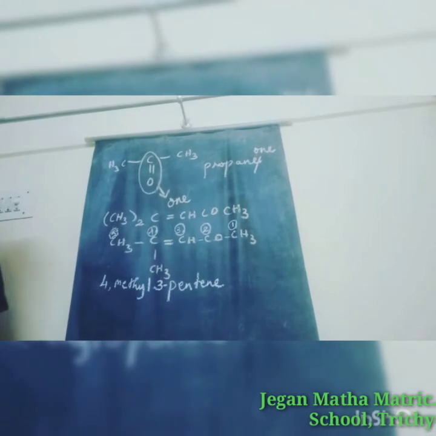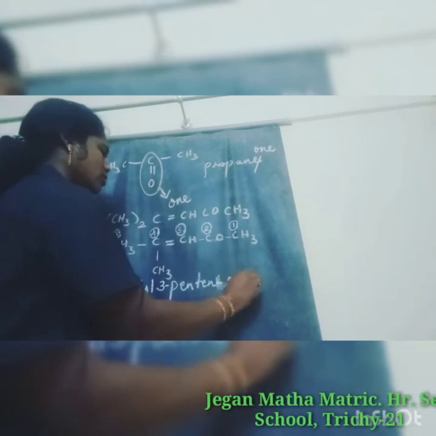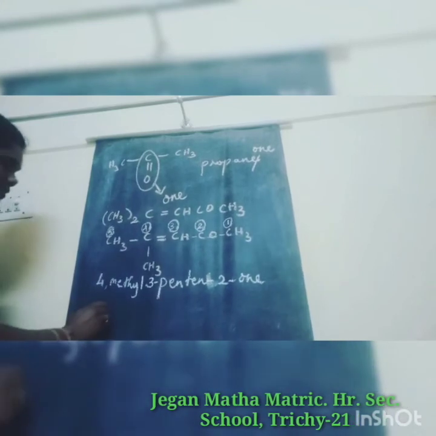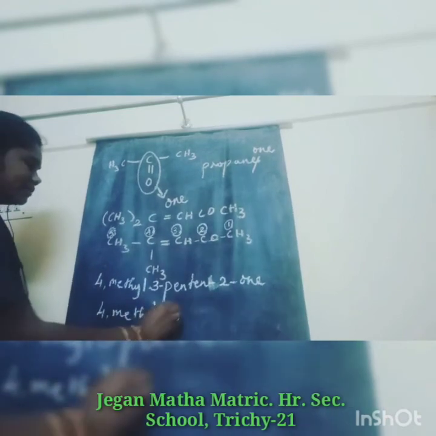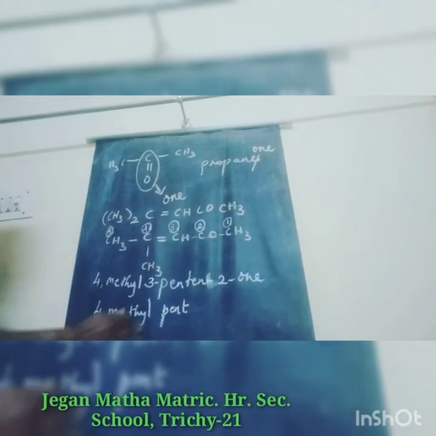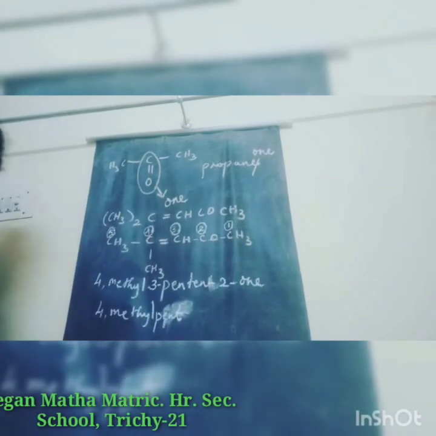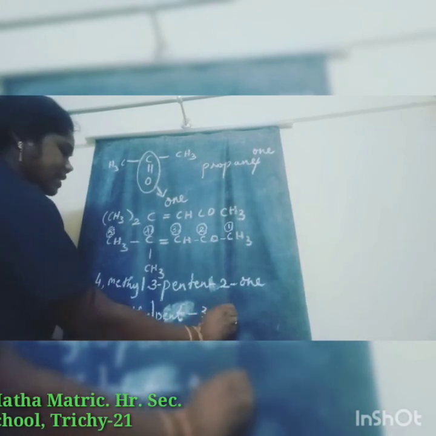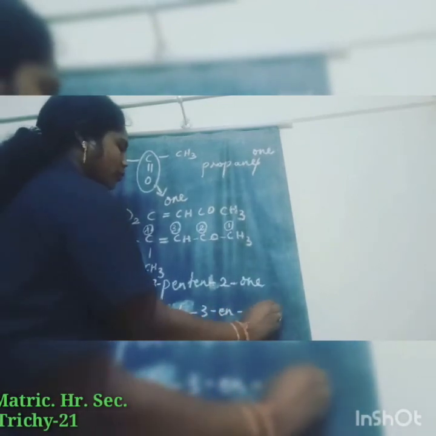So how do we write this one? 2-one. We write it like this: 4-methylpent, then we put a hyphen, then 3-ene, and then a hyphen, 2-one.